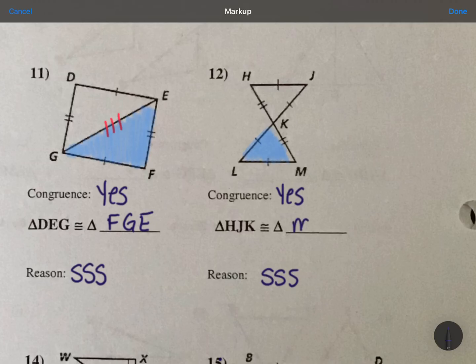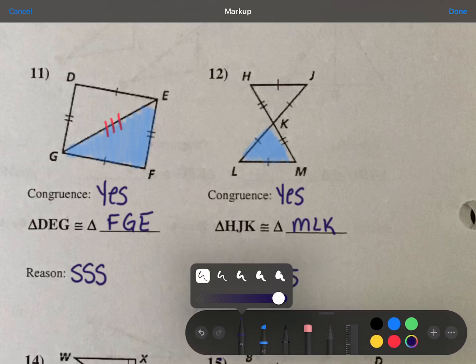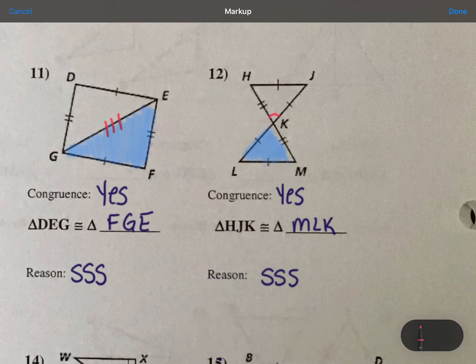So you would do MLK. But maybe you just asked yourself, can I add anything? And you went ahead and added. You would still have yes for congruence, but now you can do side, angle, side. Because now you have that angle between the 2 sides. So both of those reasons work. But I couldn't do angle, side, side because that's a bad word.